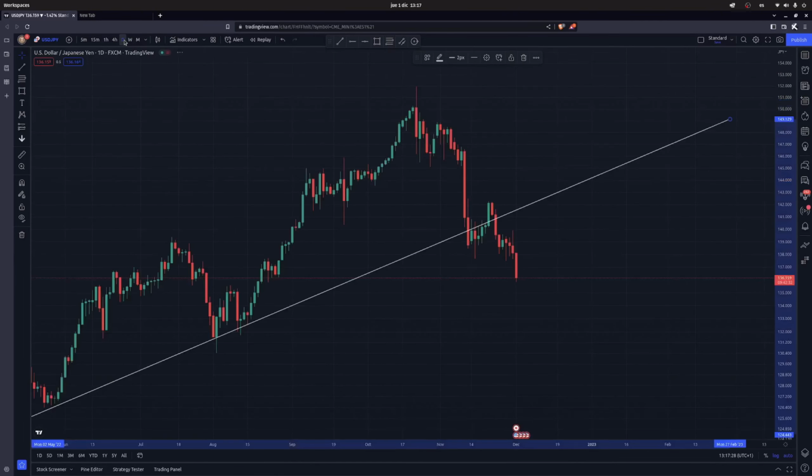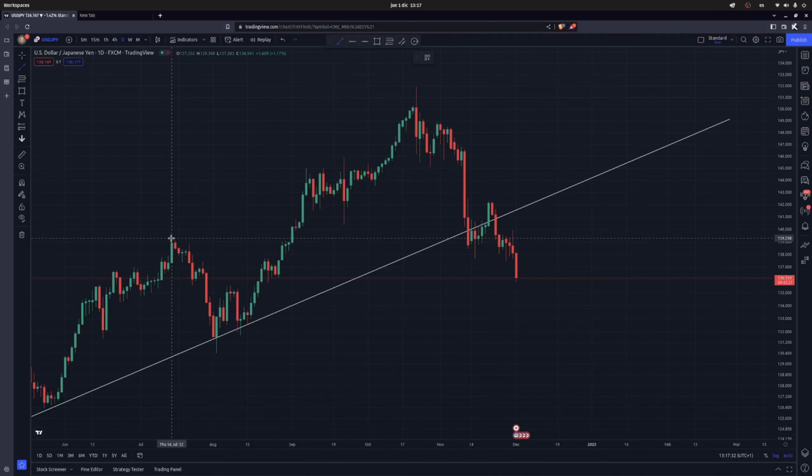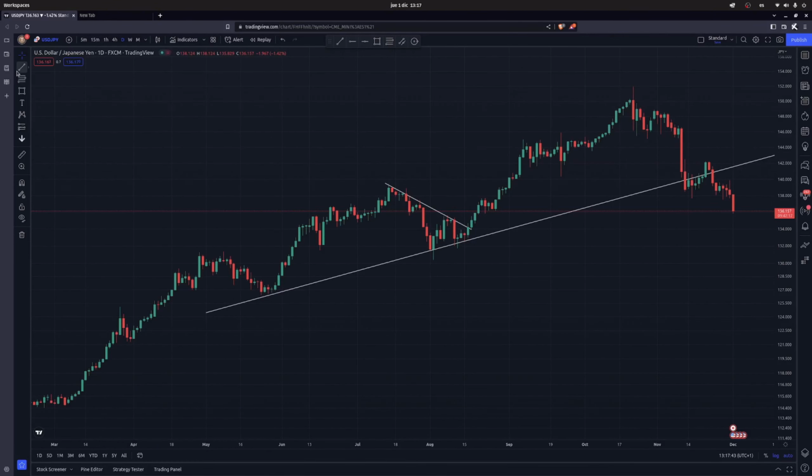Let's go down to the daily, and we can see here this is more granular. We have a downtrend here inside this general uptrend. Here as well. An uptrend here.